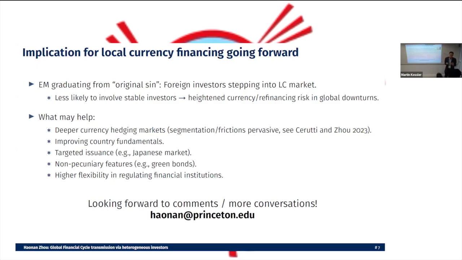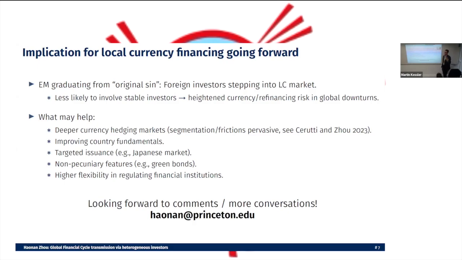What potentially may help here is higher flexibility in regulating global financial intermediaries. The Solvency II insurance regulation is taking a small step in the sense that it allows a zero risk rate in calculating some insurance companies' exposure to European Union countries' sovereign bonds denominated in their own currency.